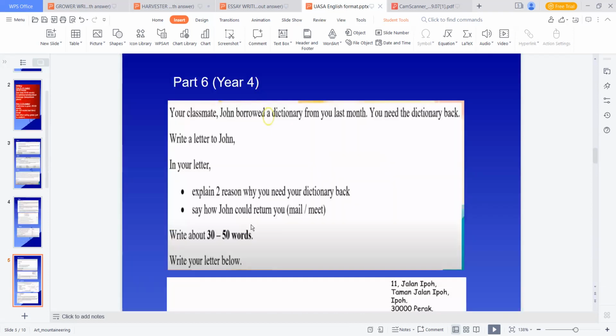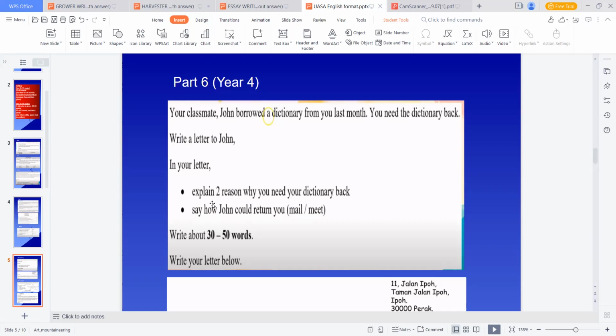As for part 6, Year 4 to Year 6, the formats are the same. A question will be given and 2 pointers will be given. For example, your classmate John borrowed a dictionary from you last month. You need the dictionary back. Write a letter to John.